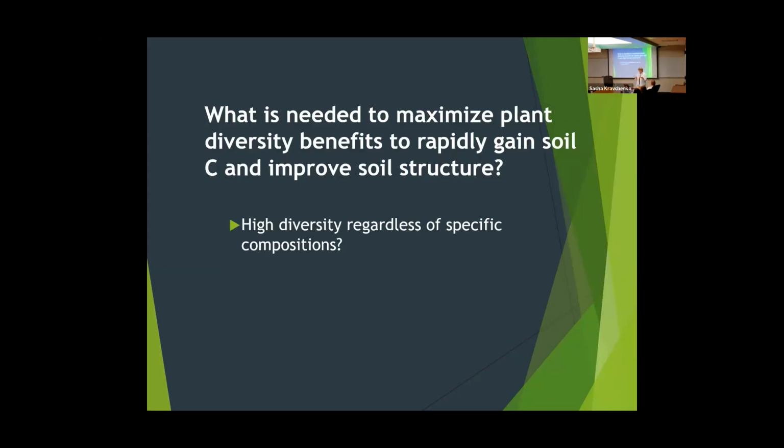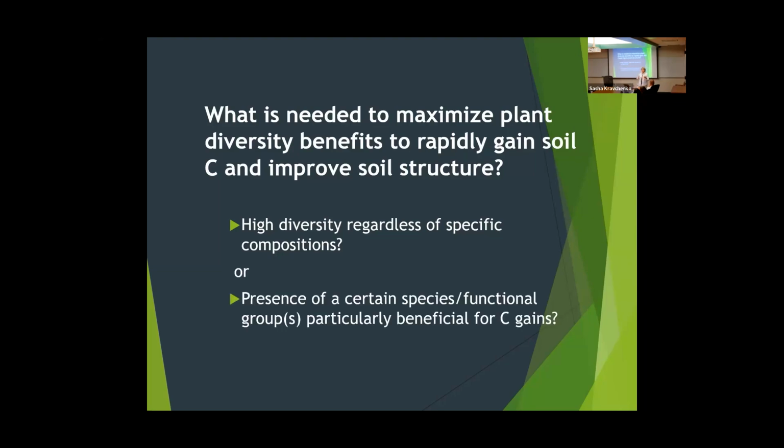So should we be just aiming at a highly diverse plant community, regardless of what plant species are there, just make a mixture of very diverse species and it will work? Or could it be that the presence of certain species, or species representing certain functional groups, would actually be a more effective way of doing things?